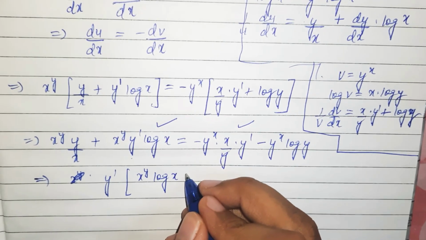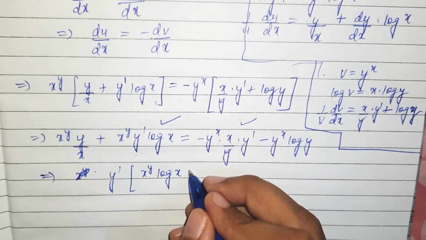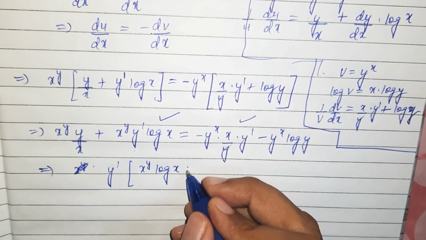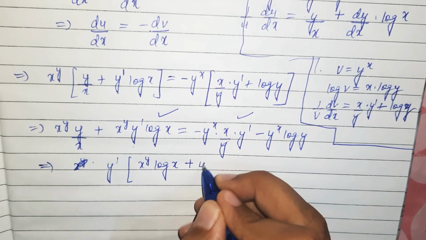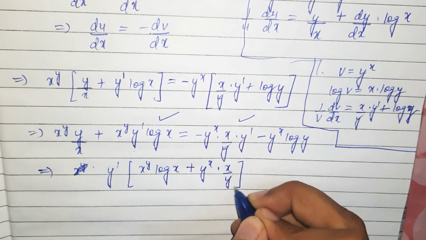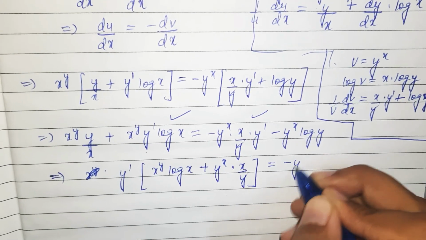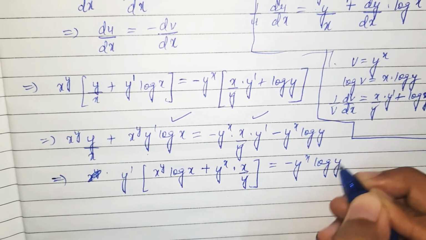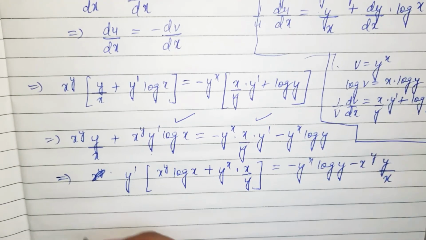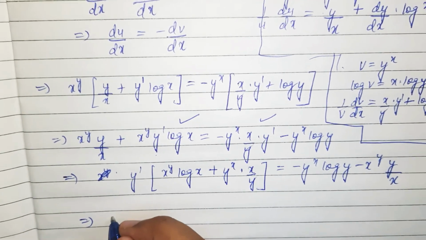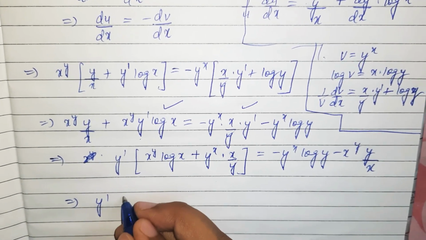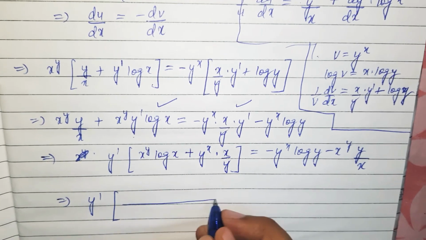Then after that, taking y dash common, this will become plus y to the x into x upon y, and this is minus y to the x log y minus x to the y into y upon x. Now after that, what you need to do? We need to calculate y dash. So y dash will become, now while taking LCM, what I am getting?